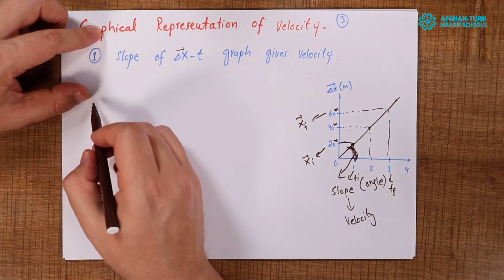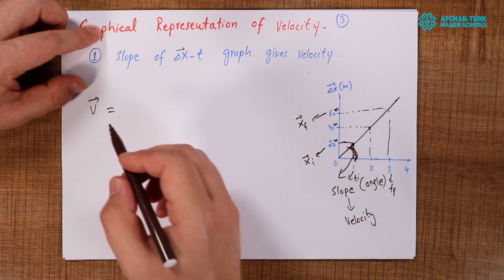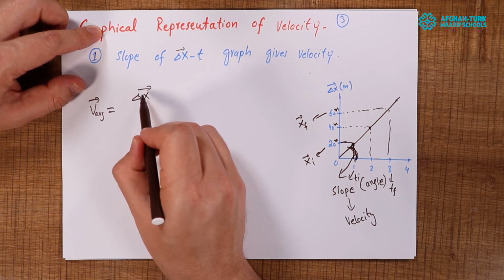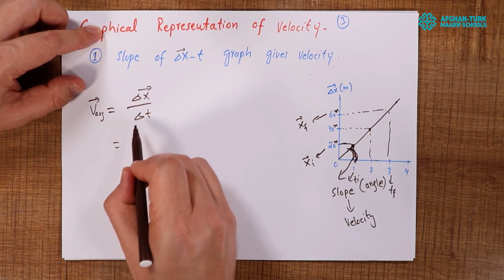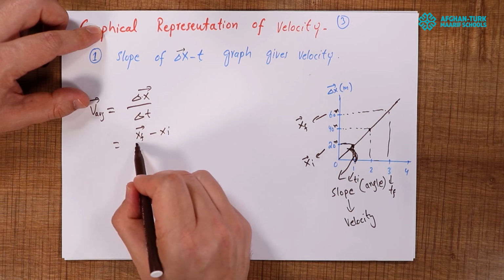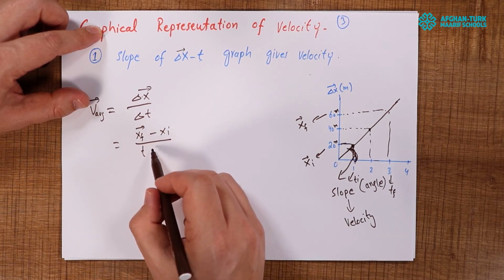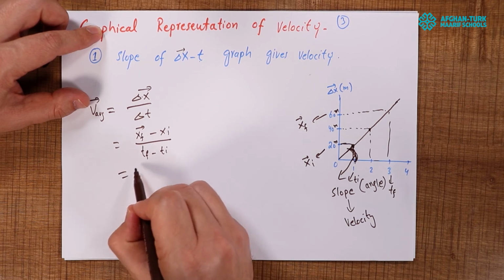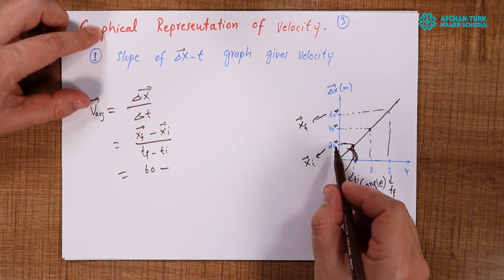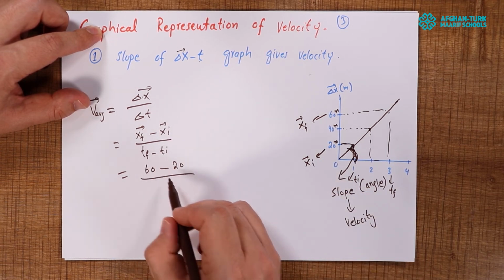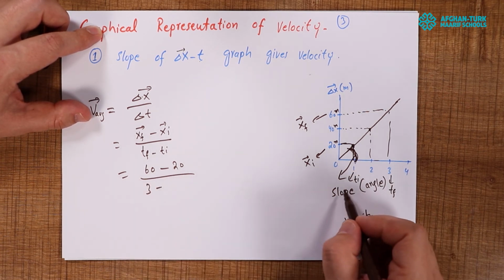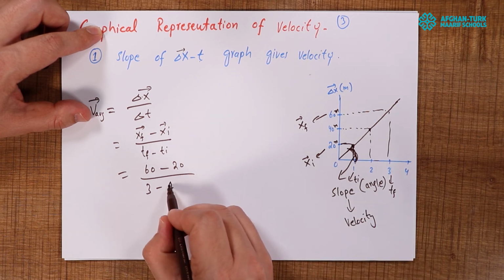Let's use the velocity formula, or average velocity formula. Average velocity is equal to delta x divided by delta t. Now delta x is equal to x of f minus x of i, and delta t is equal to t of f minus t of i. Now putting the values, x of f is equal to 60, x of i is equal to 20, t of f is equal to 3, and t of i is equal to 1.